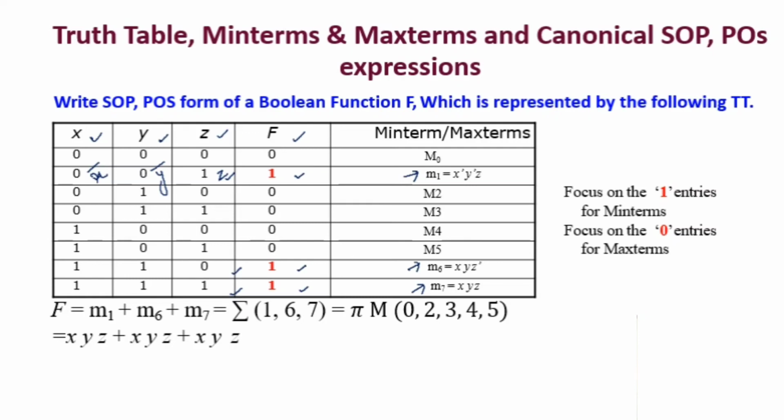For the next term, x, y, z bar, it is obtained from here, where x and y are 1 and z is having a 0 value, so that's why z bar. Similarly, for the third one, it is written here x, y, and z. So this becomes a canonical expression which is obtained from the truth table.